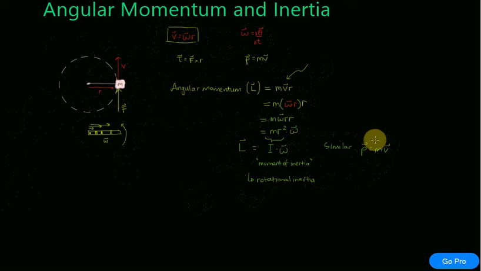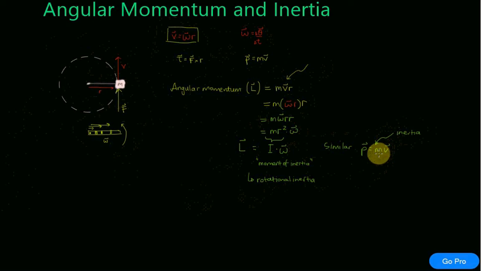We know from a linear point of view that mass gives us an idea of what the inertia of a particular object is. We've spoken about it: the heavier an object is, the greater its resistance to its current state of motion. So if it's at rest, a heavier object is more difficult to displace.